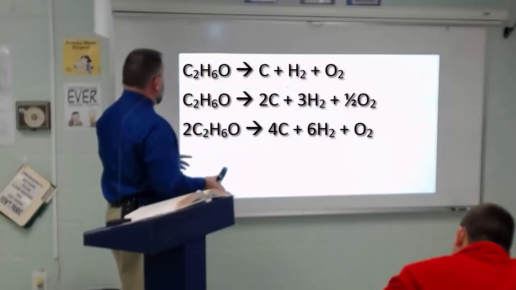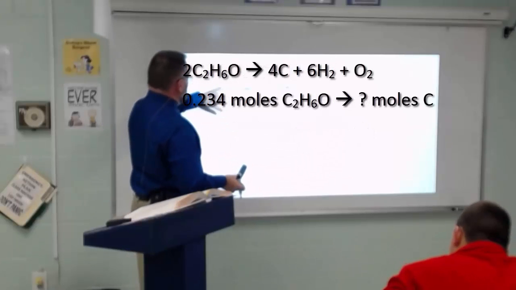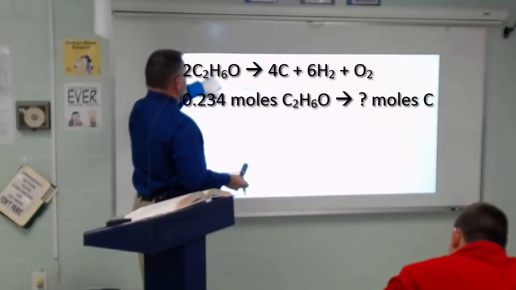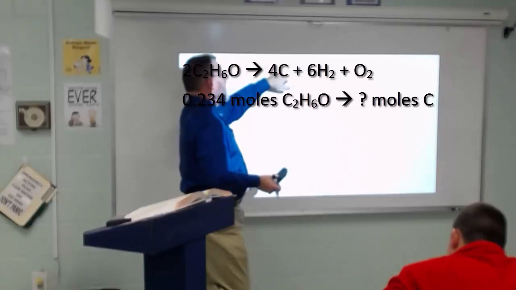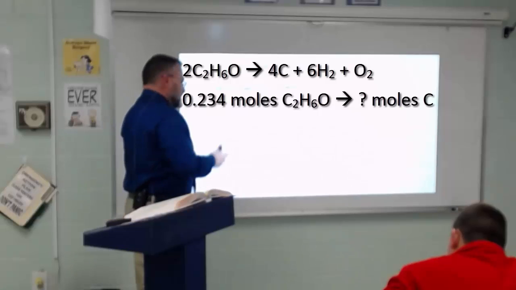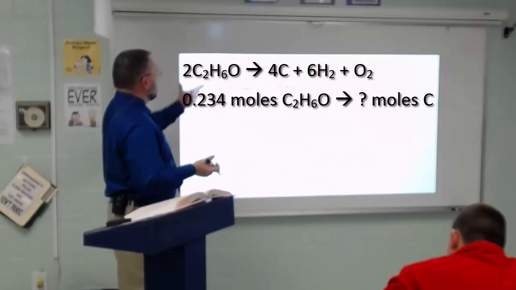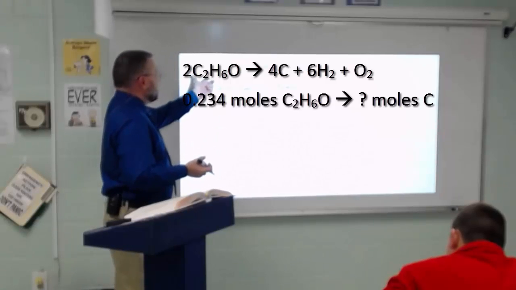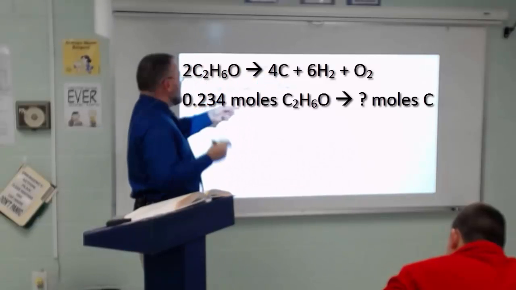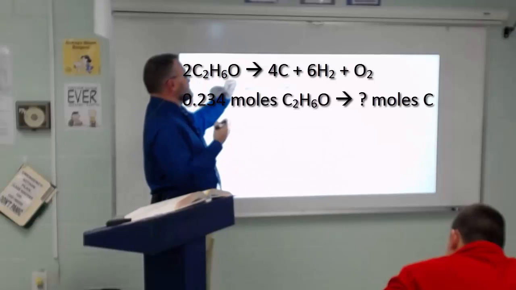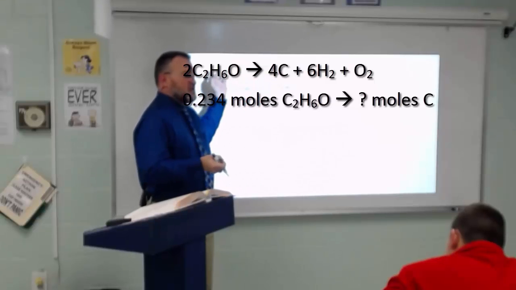Now we're given that we have 0.234 moles of C2H6O, and we're asked how many moles of carbon are produced. Well, if I had 2, I would produce 4. You see that? What's my multiplier there?